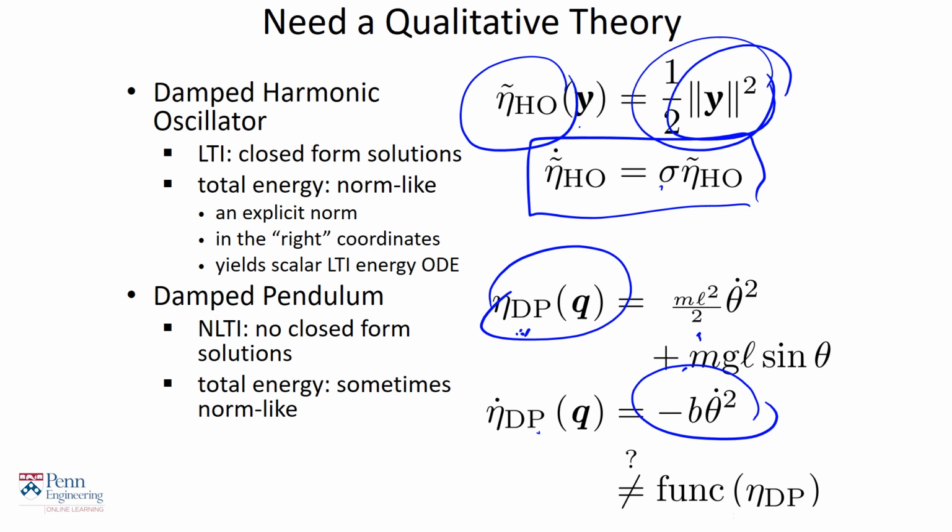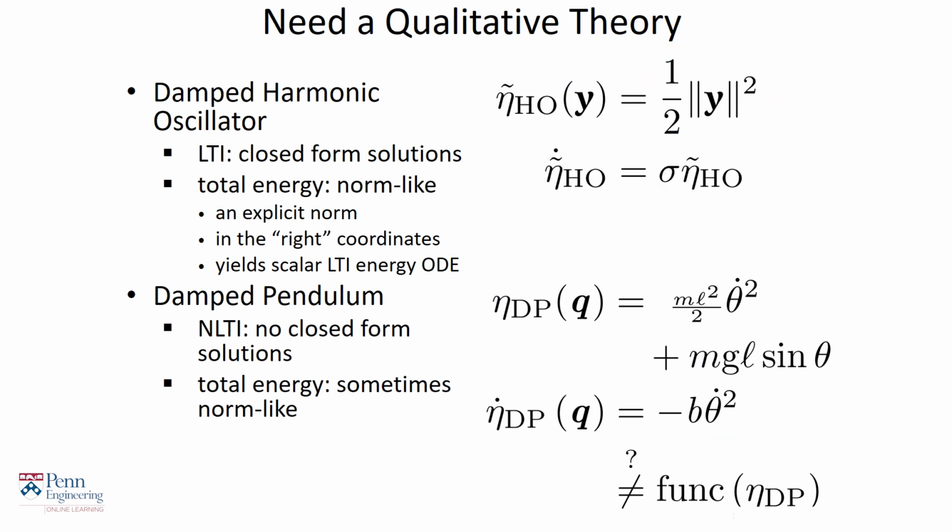But what I was crucially able to do in the linear case was write down a total energy differential equation, a scalar differential equation. The right-hand side of my power formula could be expressed as a function of the total energy itself.